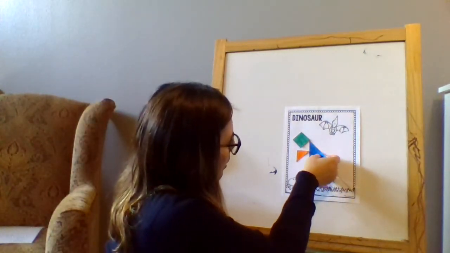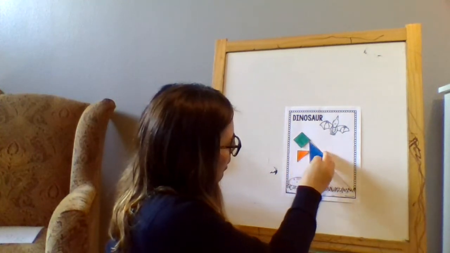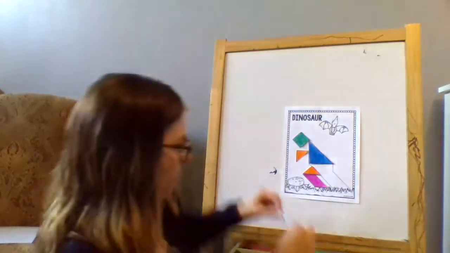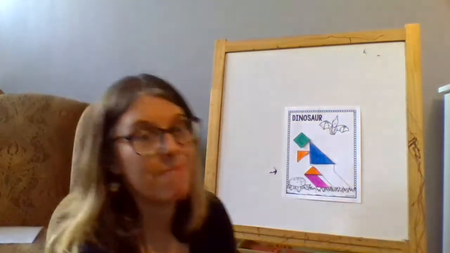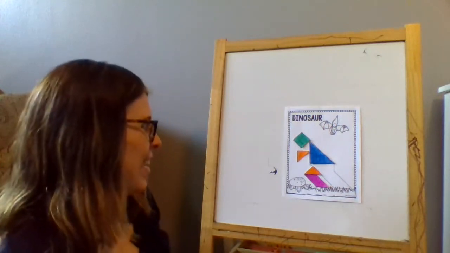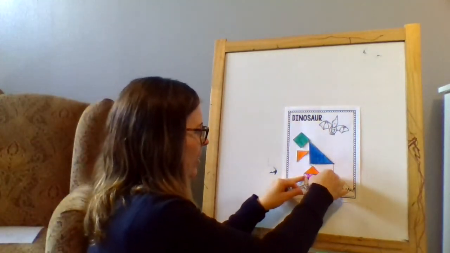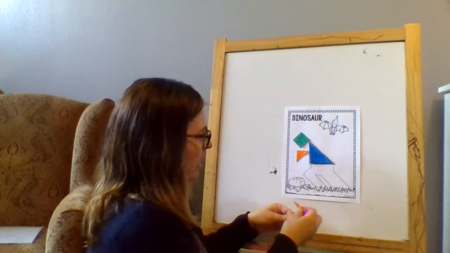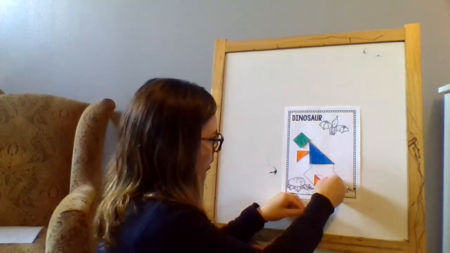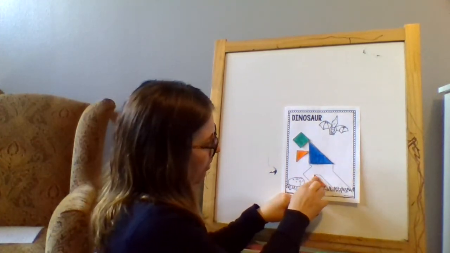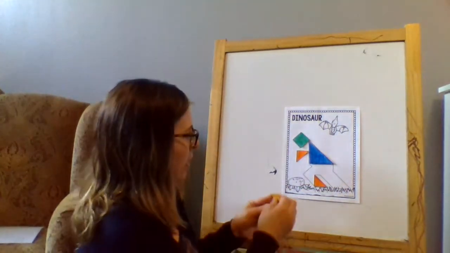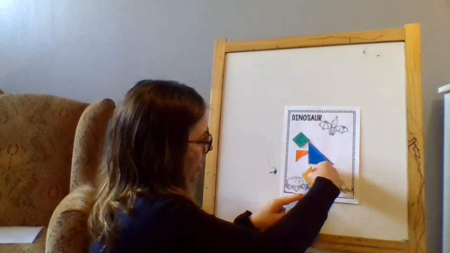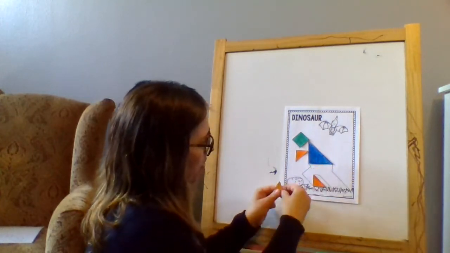Well, I know this could fit right there. But you know what? I only have a couple shapes left. And it doesn't seem like they're going to fit there, does it? Nope. Okay, so that is not how this goes together. Let's see. This could also go here. Right? And then does it seem like my big piece could go there? No, that doesn't seem right.